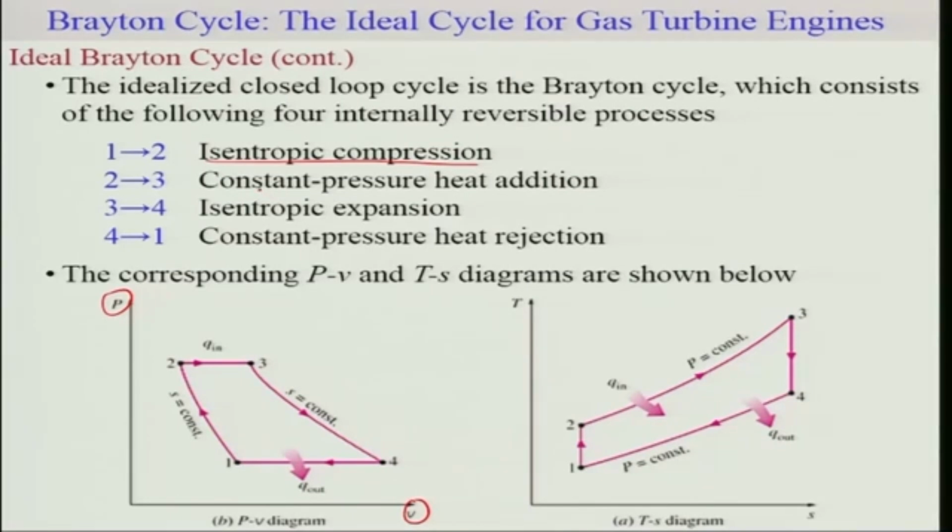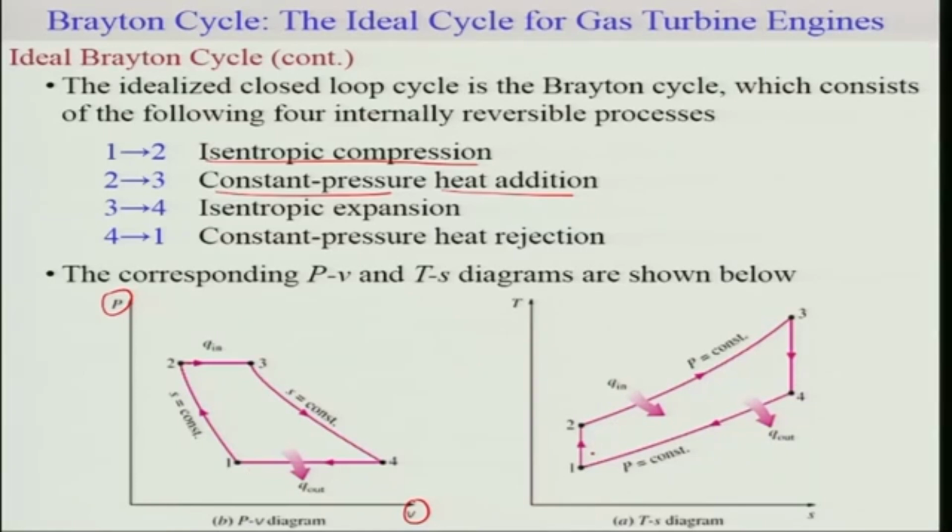Then you have the heat exchanger, or the combustion, which is constant pressure heat addition, 2 to 3, followed by 3 to 4, which is isentropic expansion in the turbine, followed by constant pressure heat rejection, which is the exhaust gas thrown out, or represented by a heat exchanger again. So this becomes a complete cycle on a PV diagram.